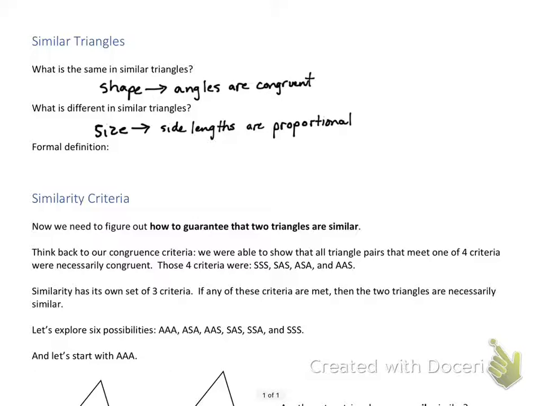So we can combine these and come up with our formal definition. And it's not overly technical. We've already written the most technical part of it. We'll just combine this together. We'll just say in similar triangles, angle measures are congruent, and side lengths are proportional.